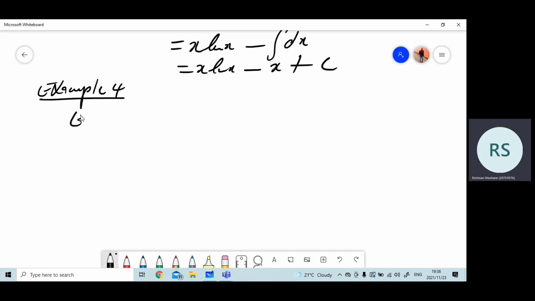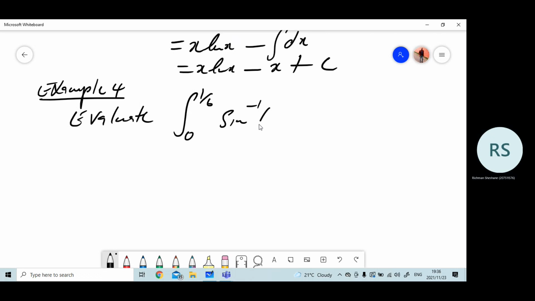Let's say we want to evaluate this integral from 0 to 1 over 6 of sine inverse of 3x dx. We call it a definite integral because we have these numbers. We call them the limits.